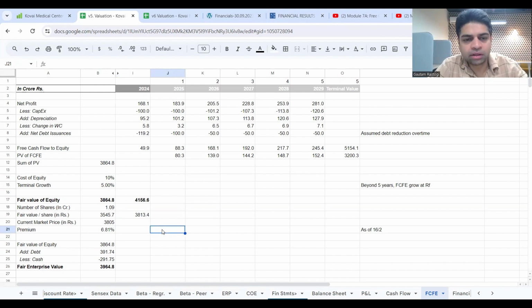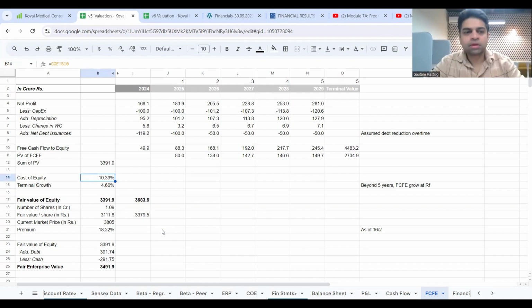So that's the benefit of sensitivity analysis: it tells you at what cost of equity and what terminal growth your equity could be overvalued, or perhaps massively undervalued.